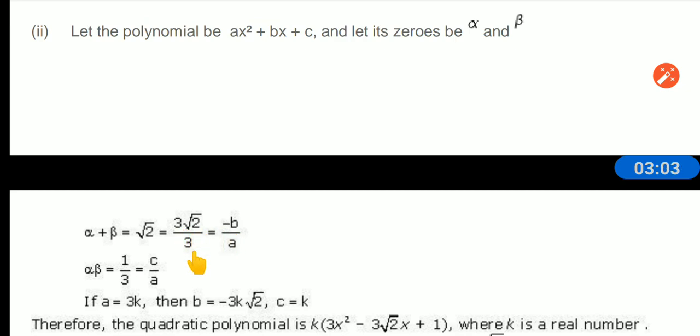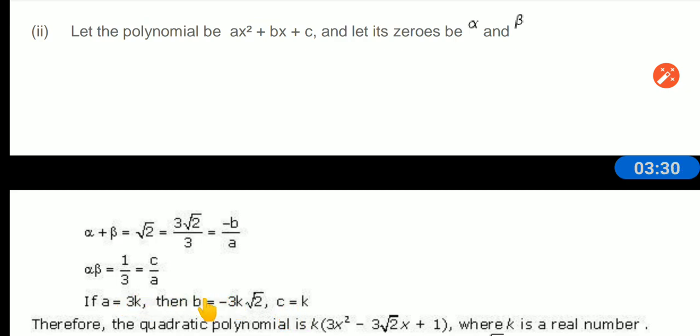Means b is minus 3 root 2, a multiple of minus 3 root 2. So in the place of b you can write minus 3k root 2. In the place of c you are having 1. Means c is a multiple of 1. It can be written as c is equal to 1 into k.